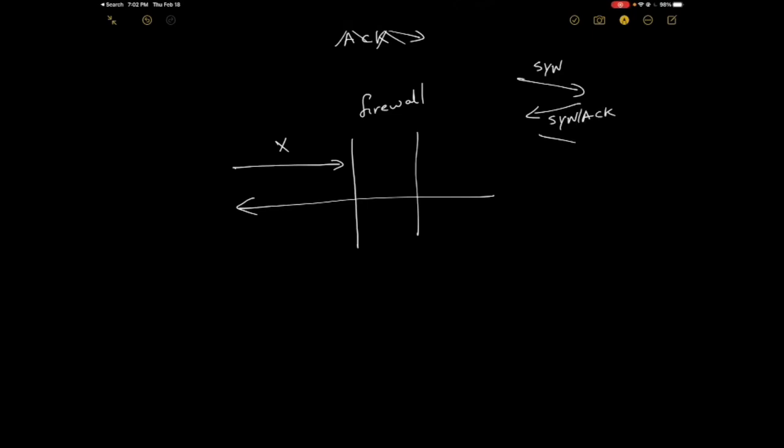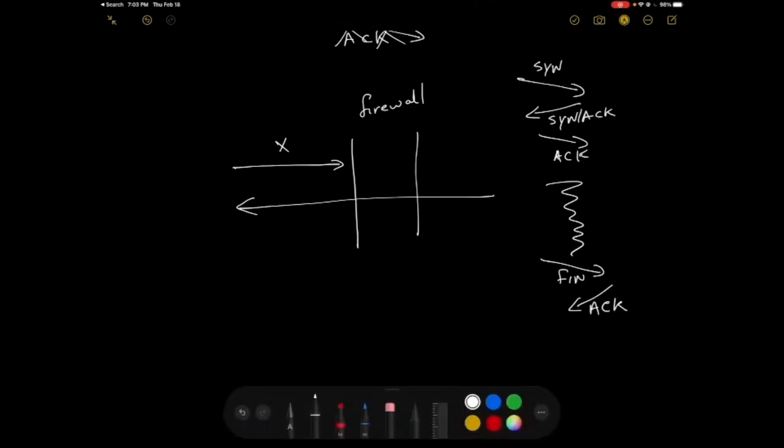Afterwards, there's another ACK, and then there's going to be information that's sent. And remember, to close the connection, we get a FIN and then an ACK. So things inside of the network are allowed to establish connections.